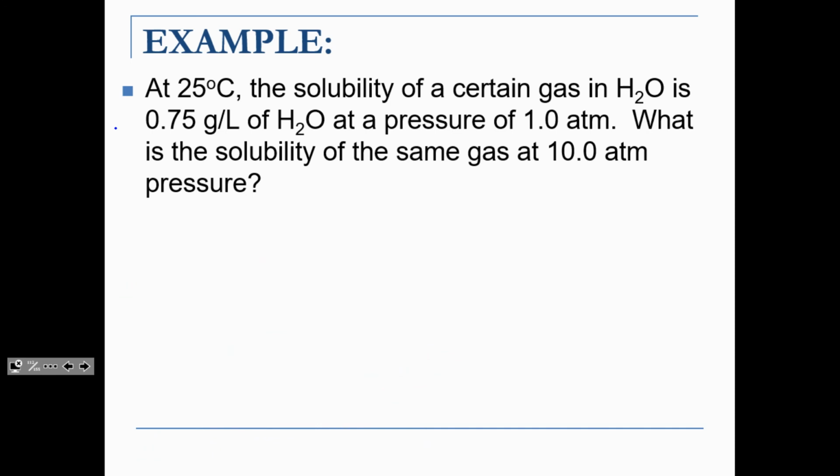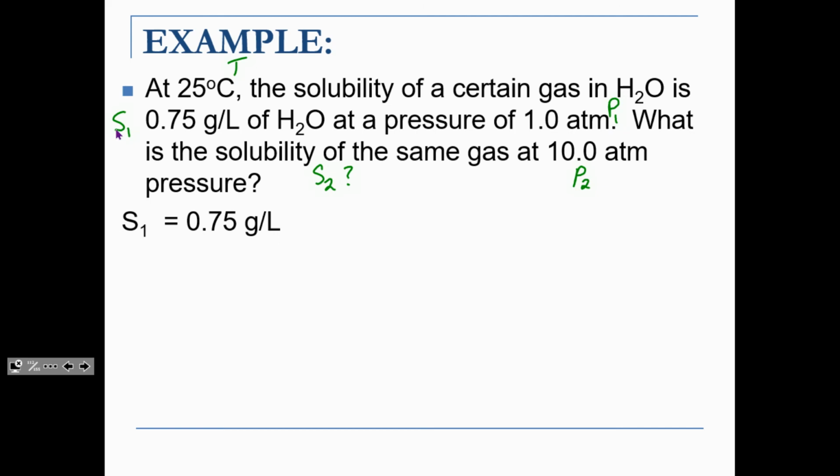At 25 degrees Celsius, the solubility of a certain gas in H2O is 0.75 grams per liter of H2O at a pressure of 1 atm. What is the solubility of the same gas at 10 atms of pressure? So we're given a temperature, we're given a solubility, and we're given a pressure. What is the solubility, S2, of the same gas at a pressure of 10 atms?